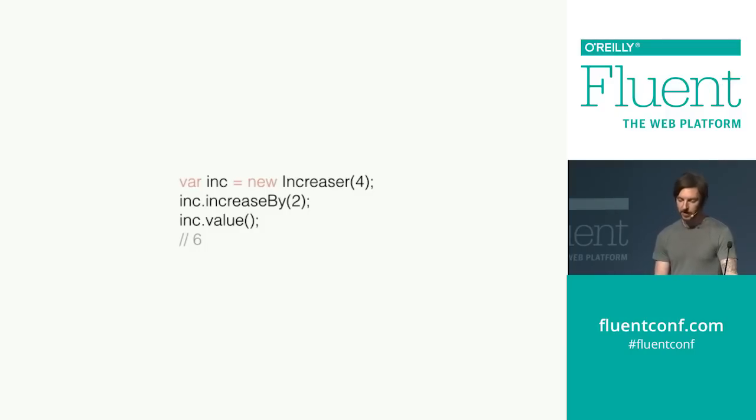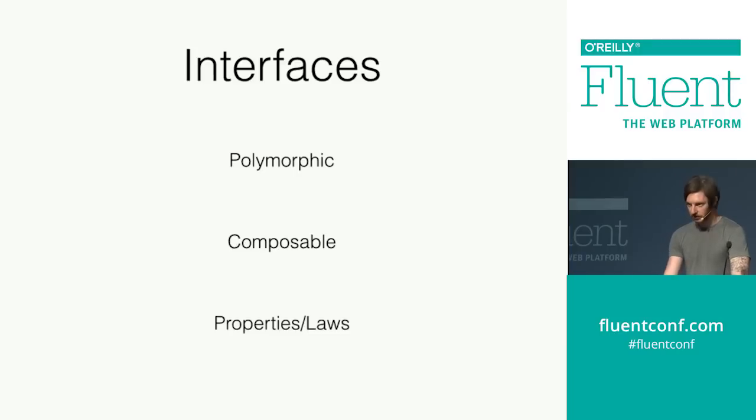But you have to go look up documentation. I would have had to write documentation originally. And you don't get all those free features we had if I just used add in the first place. So there's nothing wrong with that, but what we're after today are polymorphic, composable interfaces that have these properties or laws. Same difference. Okay, here we go.